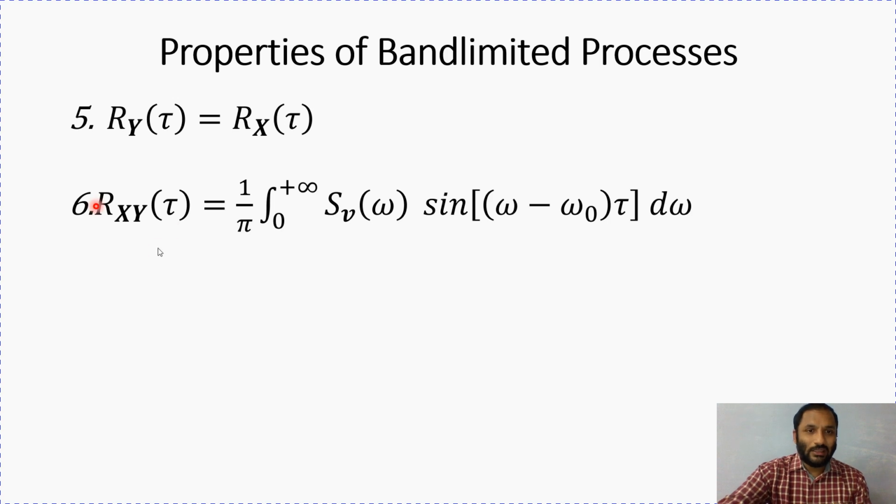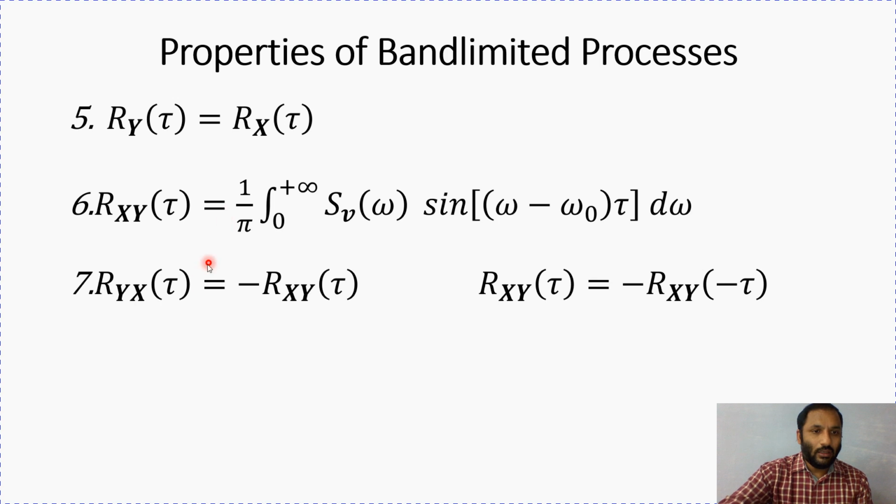What this says is that if the cross correlation function is an odd function with respect to omega equal to omega naught, then the inverse Fourier integral simplifies to this format. We will derive this in the next lecture.